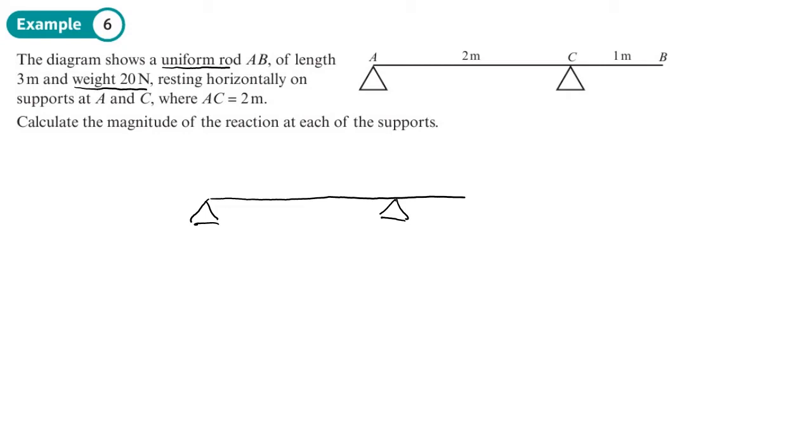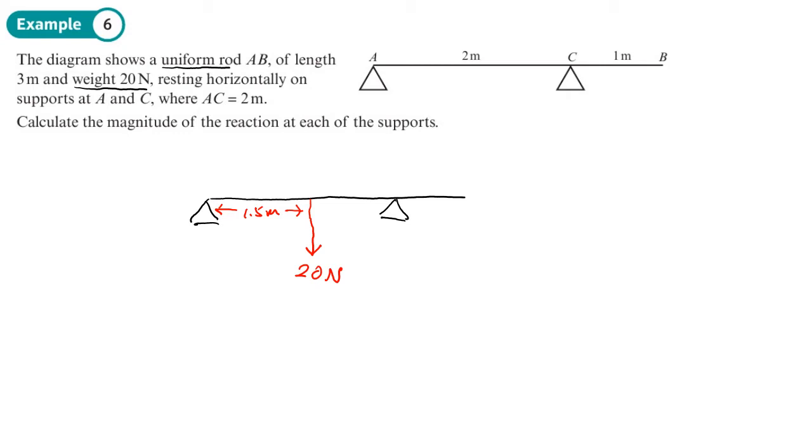Notice we've got the weight, not the mass, so we don't need to multiply that by g. We've got the actual weight. That is going to be in the very center of the rod because it's uniform. So we're going to have 20 newtons going down like that. And because the rod is 3 meters long, this will be a distance of 1.5 meters. Because it's uniform, we can do that.